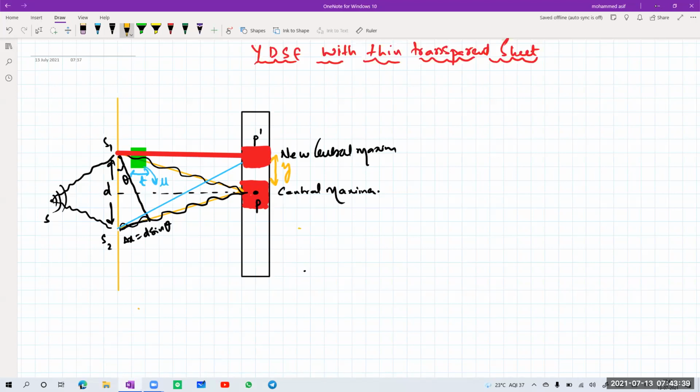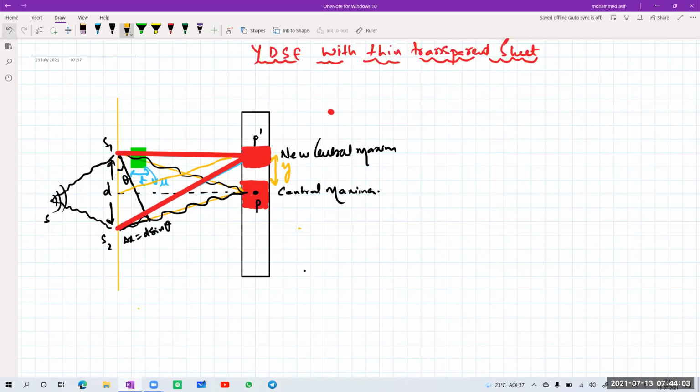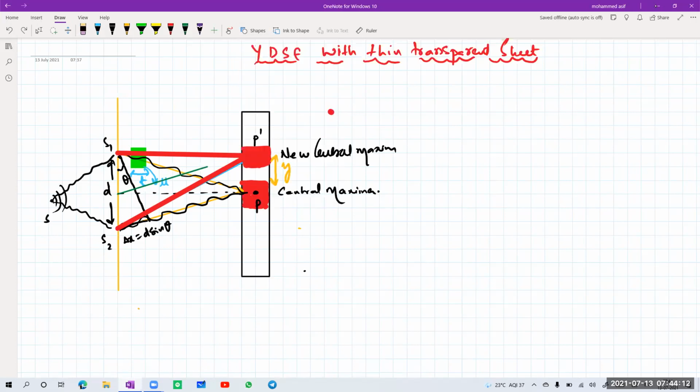It has been shifted by y. Now if I draw a dotted line in this one, this is the center, and it is making an angle theta.